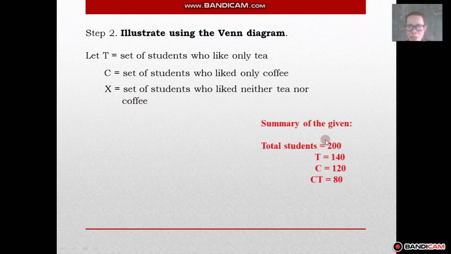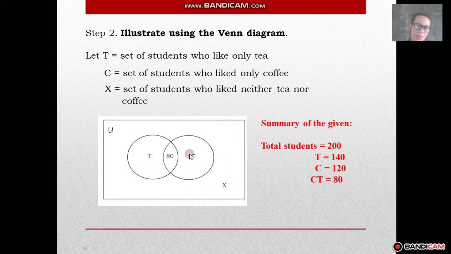So, summary of the given, in order for you not to get confused: the number of students is 200, the number of students who like tea only, the number of students who like coffee only, and the number of students who like both. And this is the Venn diagram.